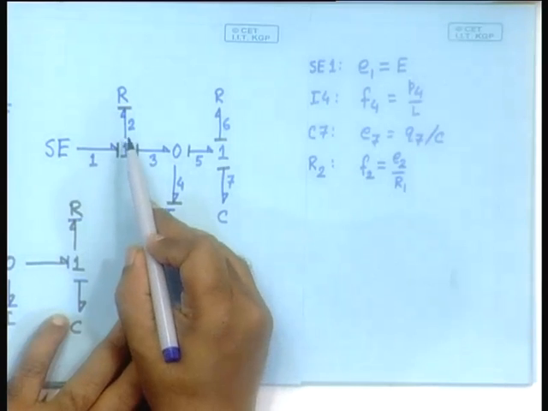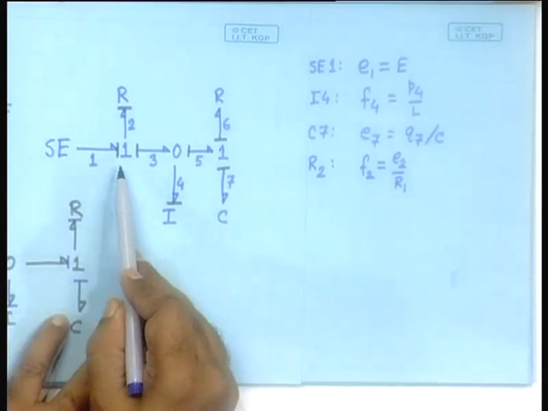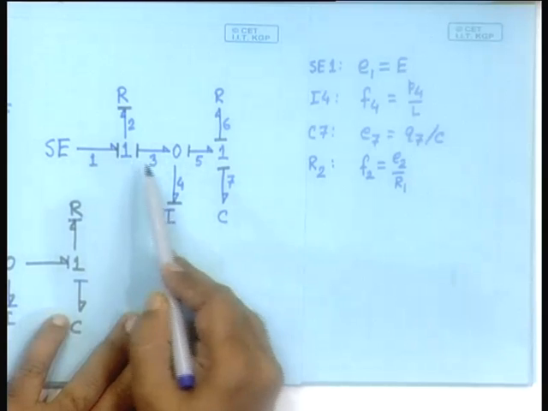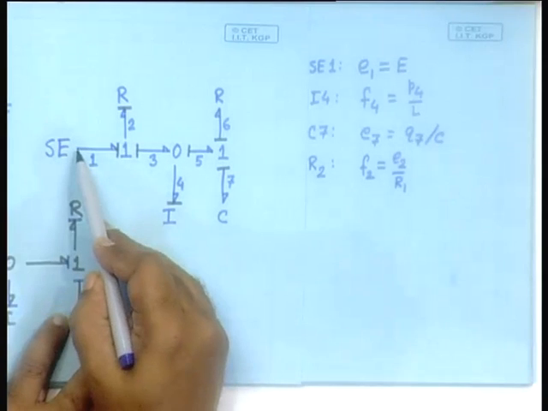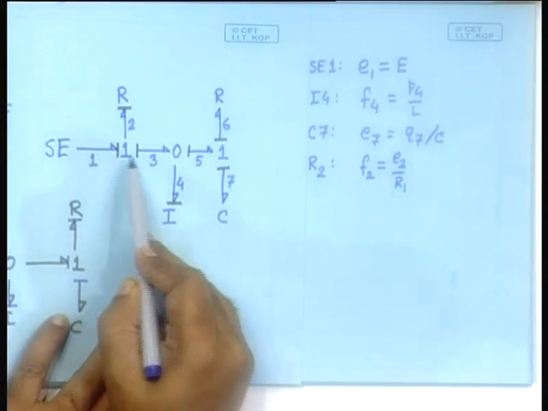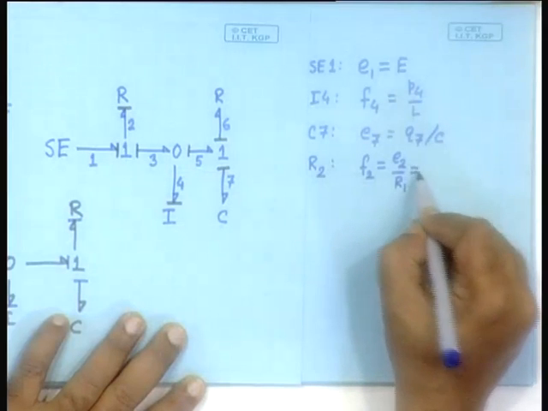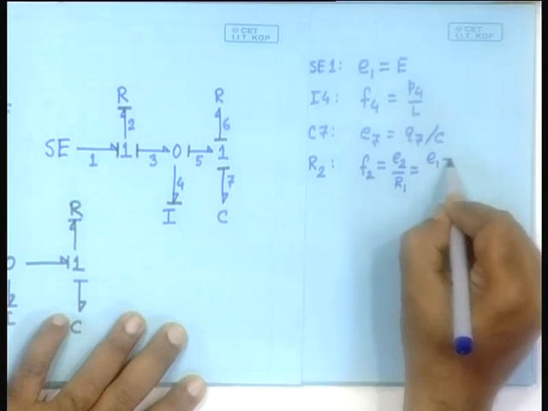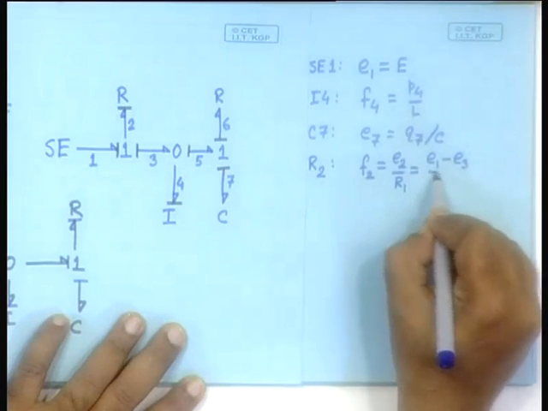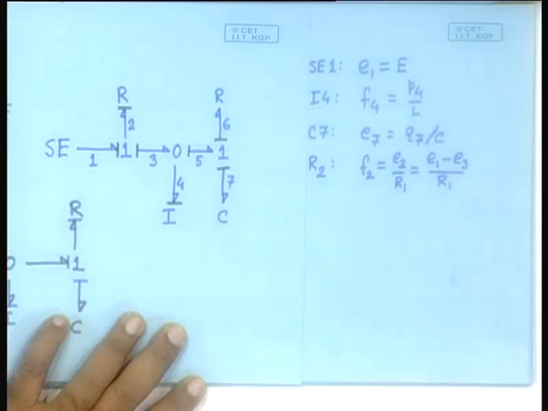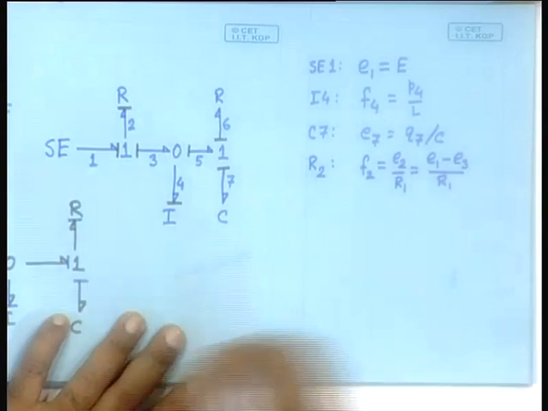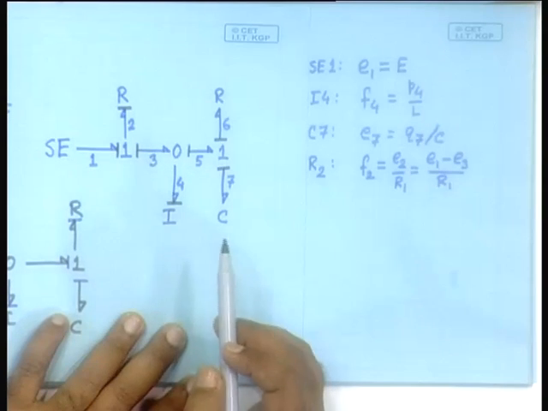Now, where does the E2 information come from? E2 would be this and that. So, it will be E1 minus E3 by R1. E1 is known, E3, where does it come from?